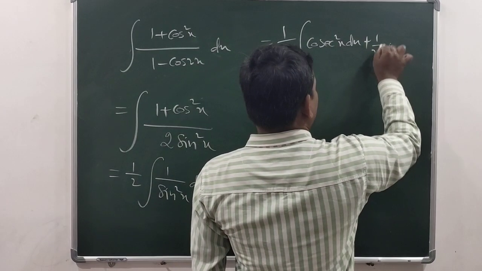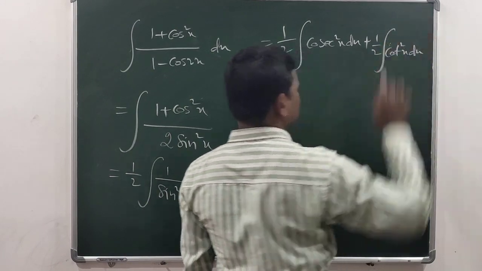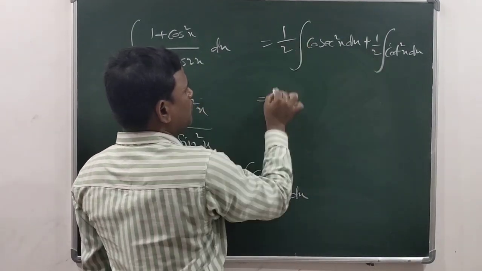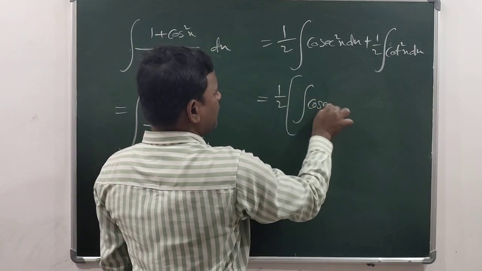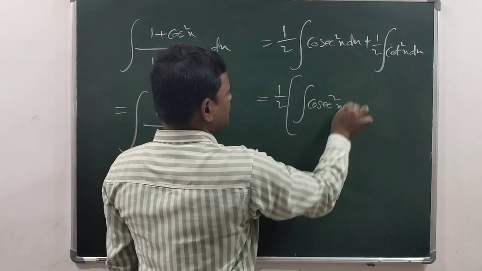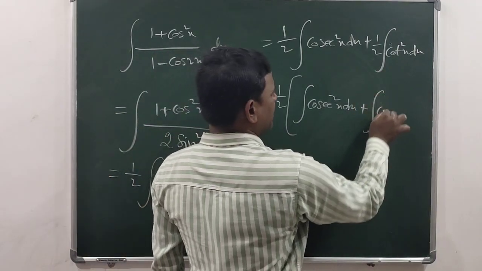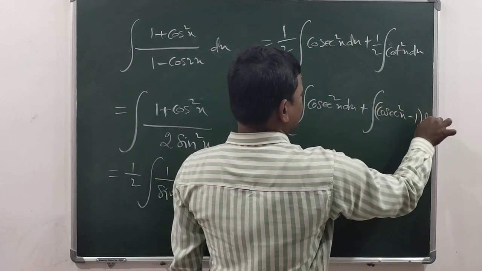So here 1 by 2 of cot square x dx. Now in the next step, this 1 by 2 I want to write outside the bracket, of integral of cosec square x dx plus, now this cot square x can be written as cosec square x minus 1 dx.